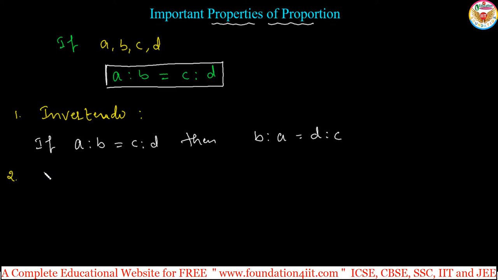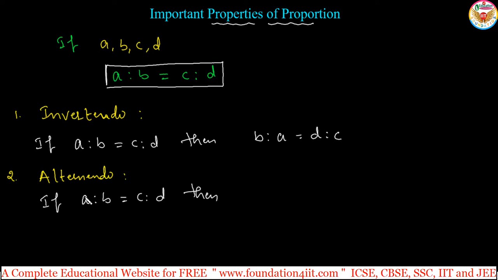And alternando. In this, same rule, if A is to B is equal to C is to D, then alter.